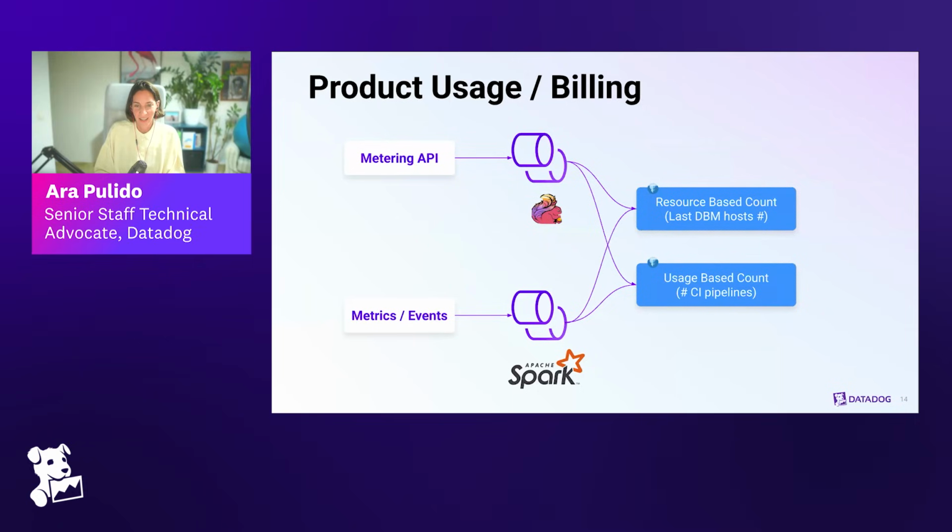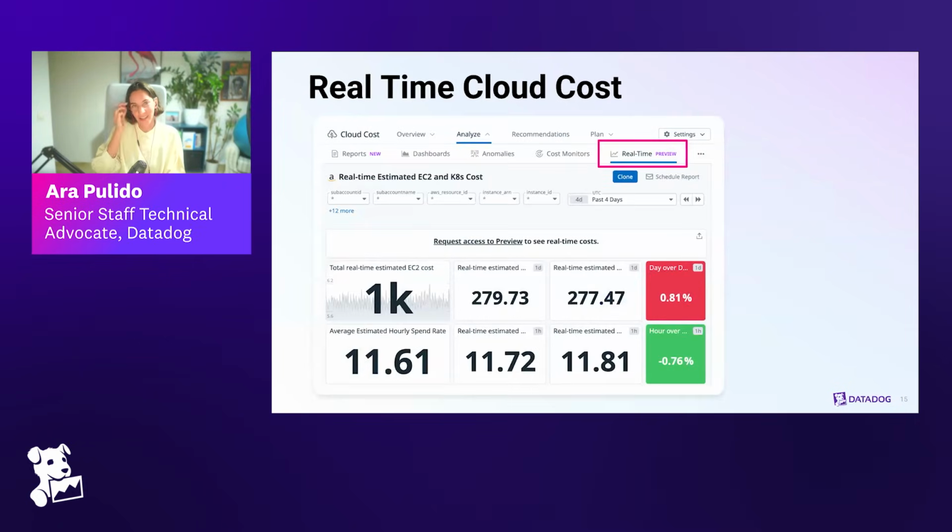Great. So another use case that I wanted to talk about, which is actually pretty new, is a brand new feature. It's in preview, so if you're a Datadog customer and want to give it a try, I'm going to give a link on the recording. It's real-time cloud cost. Datadog released Cloud Cost Management a couple of years ago, in which FinOps teams especially are able to track all the costs of the different clouds.